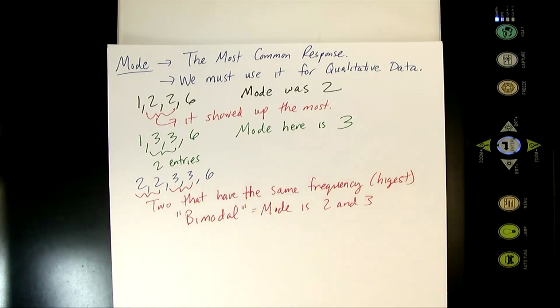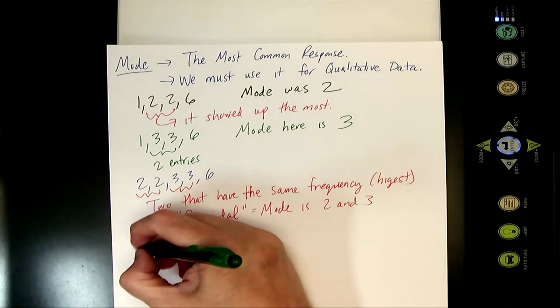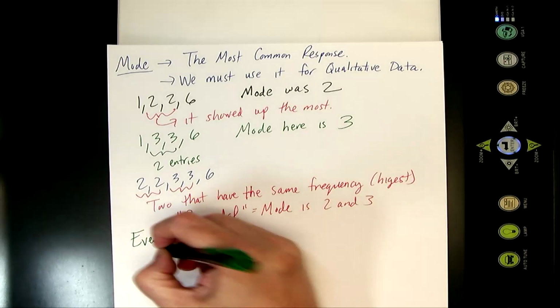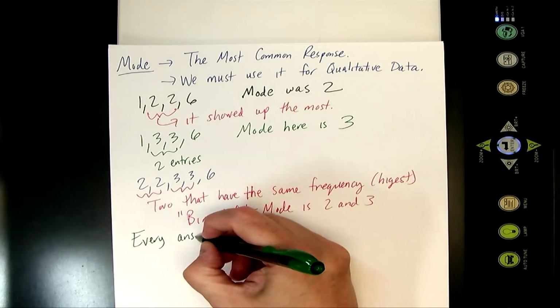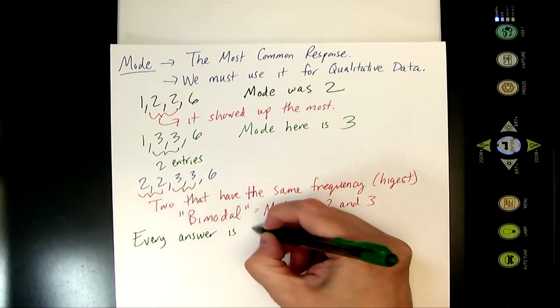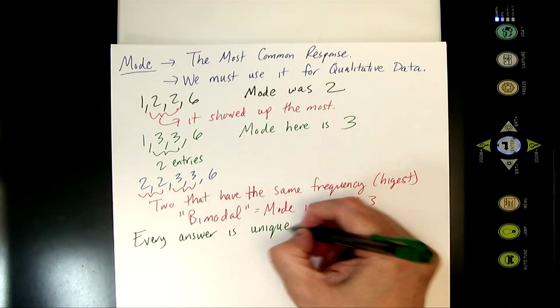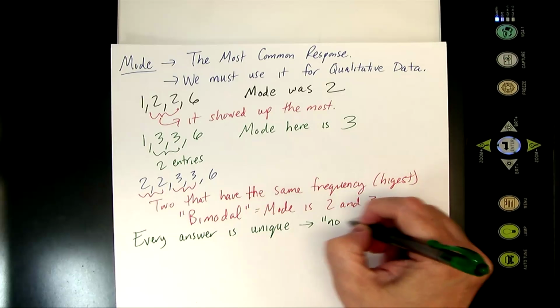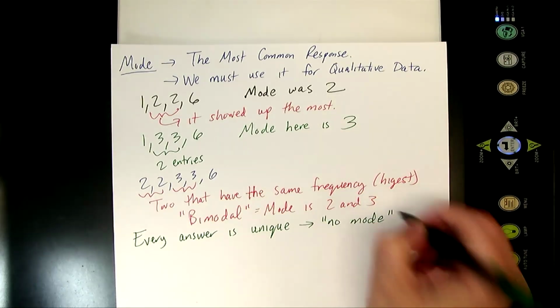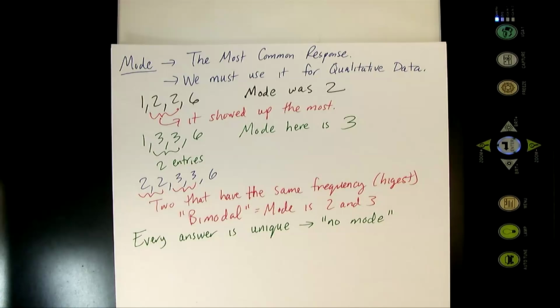But generally, we're not going to do a whole lot with mode this semester. It's more of a, you just need to know that it exists. If every answer is unique, we say that there's no mode. No one gives the same response as anybody else.